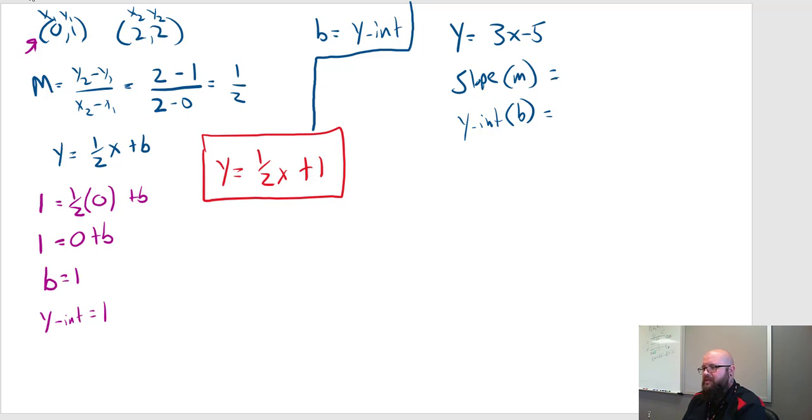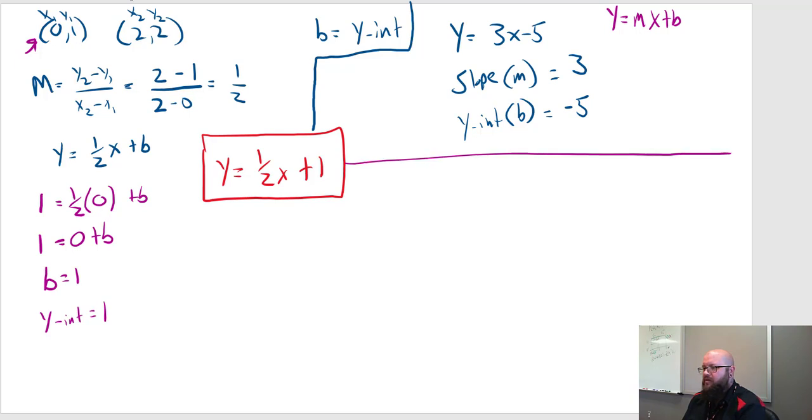You should automatically see that your slope is 3 and your y-intercept is -5. It's -5 because, again, your base parent equation is y equals mx plus b. So since that's a minus 5 there, we have a y-intercept of -5.